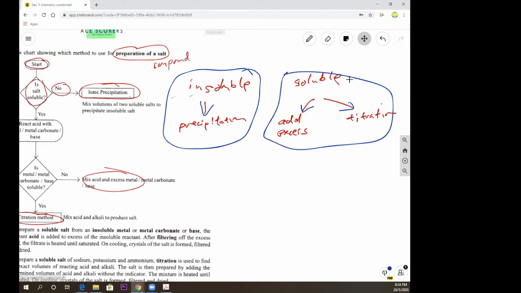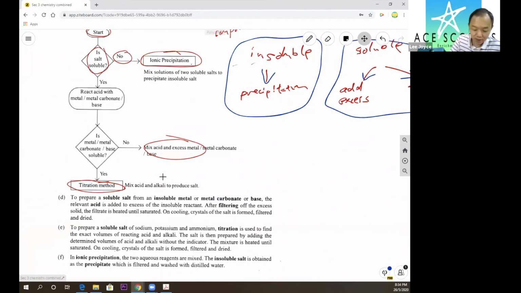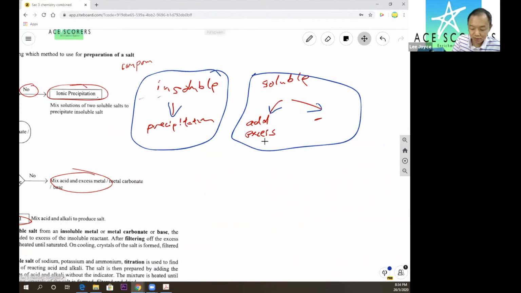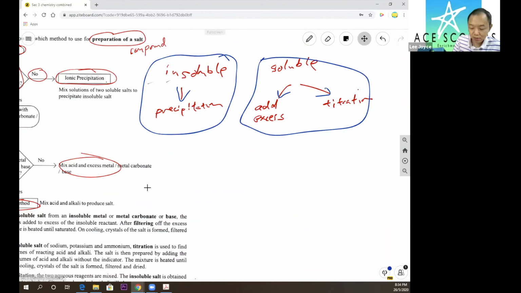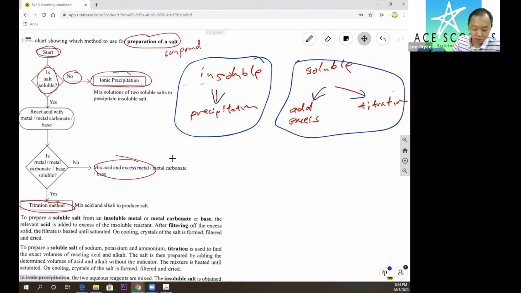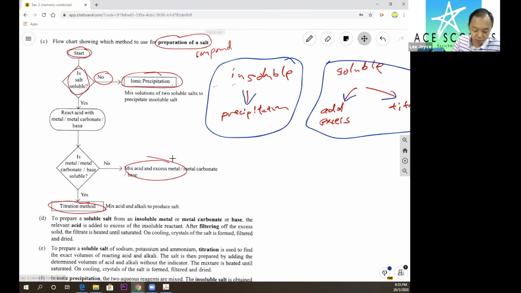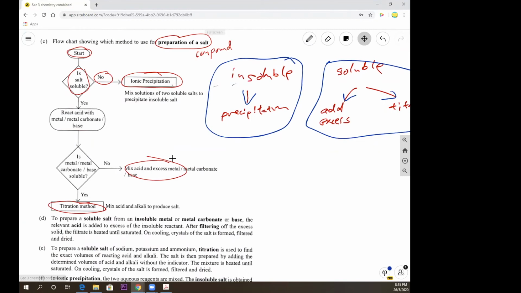Heard of it before. Sounds familiar. Do you know what excess is? Extra lah, just add extra. Yeah, that's it. So that's the whole flowchart: soluble or insoluble, then you go and do whatever you need to do.